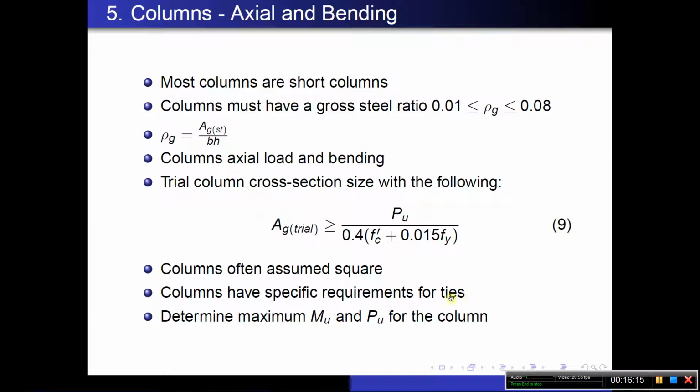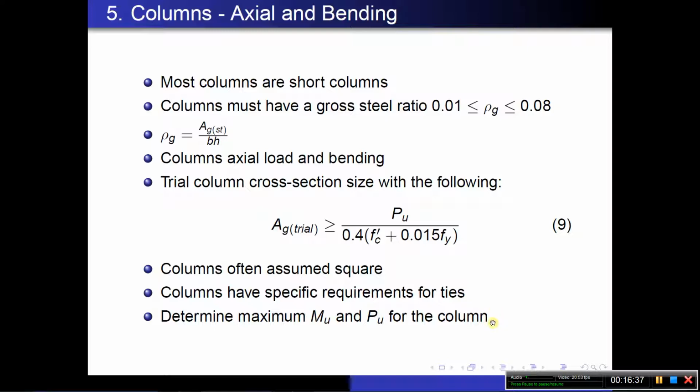And so that kind of is a little bit of different jargon when you're speaking of a column. In our next slide, I'm going to show you some examples of column cross sections with longitudinal steel reinforcement and also ties in the column cross section.